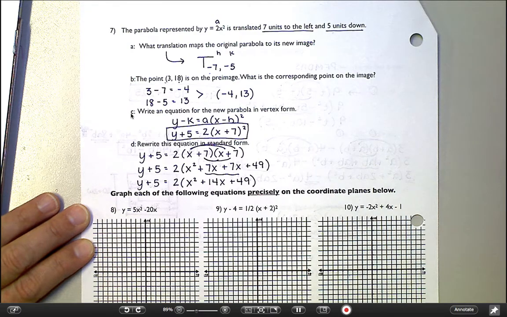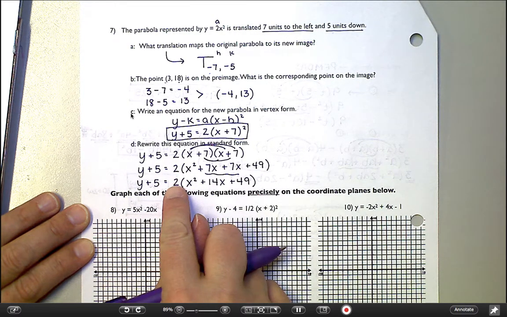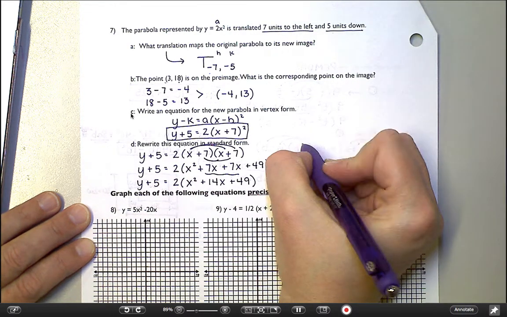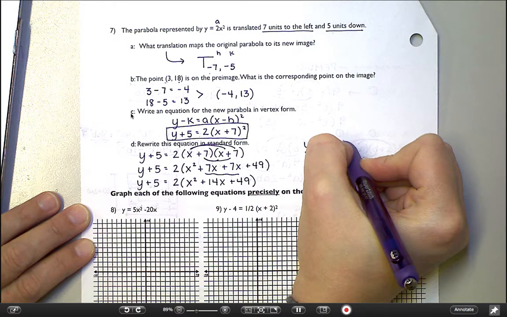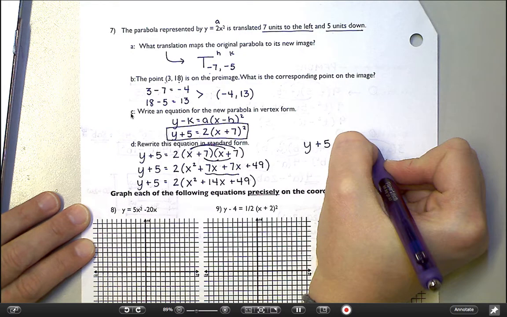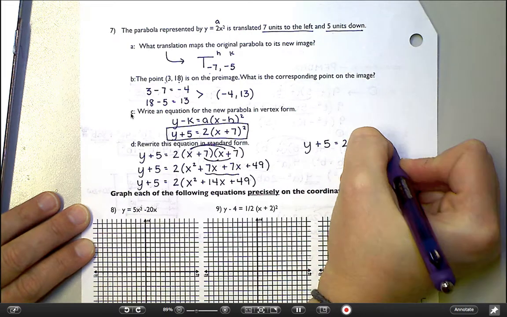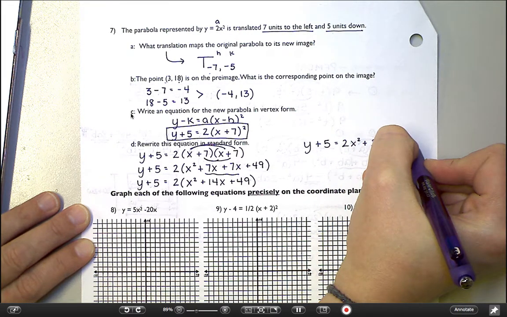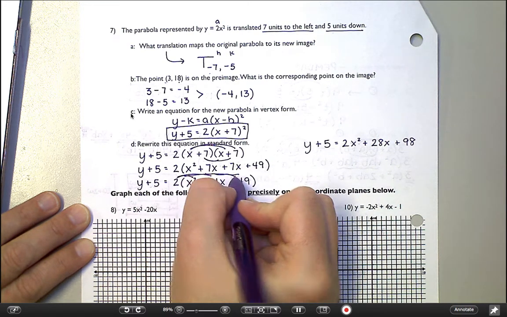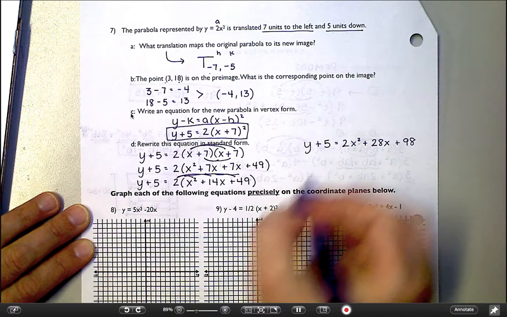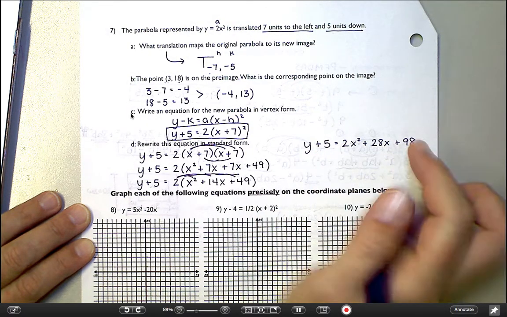My next step mathematically would be to take care of that 2. So we're going to distribute the 2. y plus 5 equals 2x squared plus 28x plus 98. That was me multiplying all 3 of these things by 2. And then my last step here would be to move this 5 over to the other side.